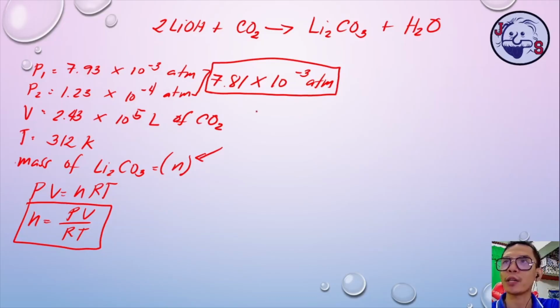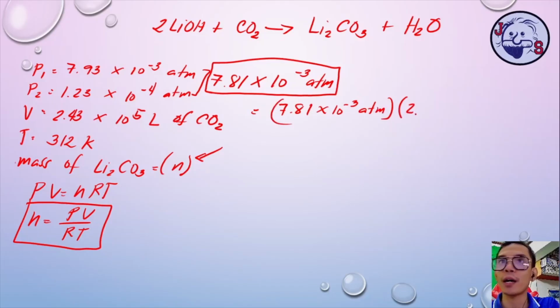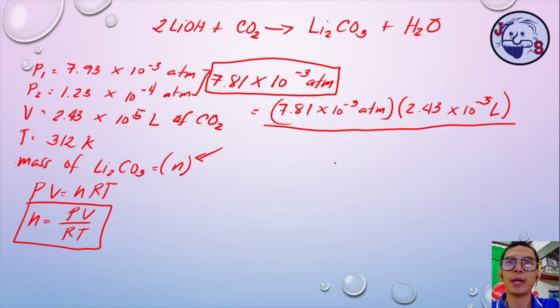Let's plug in all those values. The pressure is 7.881 times 10 to the negative 3 atmosphere, multiplied by the volume of 2.43 times 10 to the 5th liters, over R. Since this is in atmosphere, we don't have any problem: R is 0.0821 liter atmosphere per mole Kelvin.